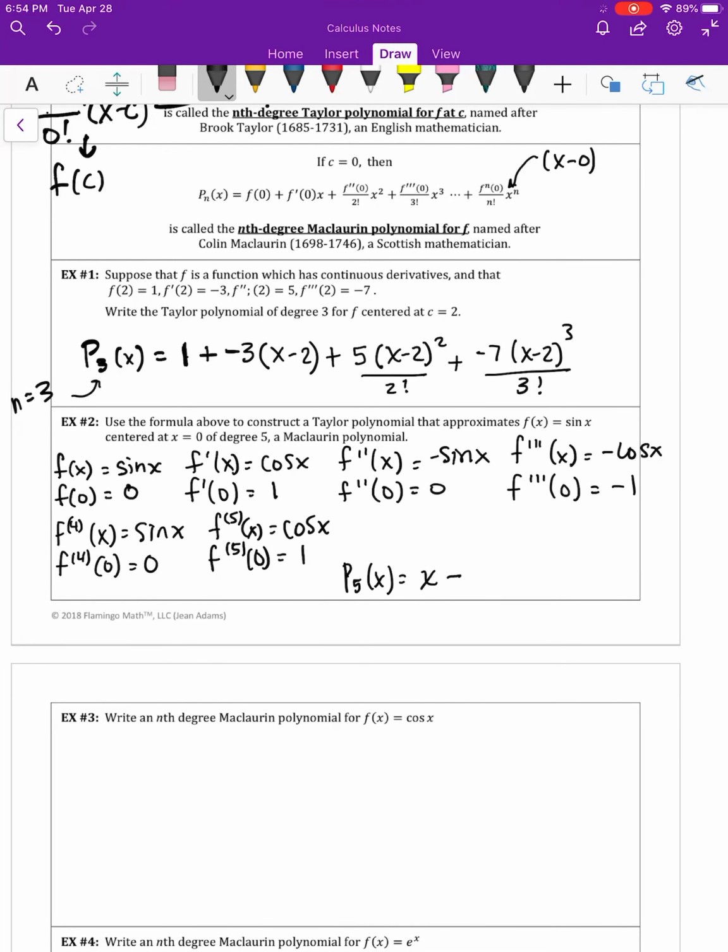The third derivative is negative 1 times x to the third divided by 3 factorial. And then the fourth derivative, 0. Fifth derivative, positive 1 times x to the fifth divided by 5 factorial.